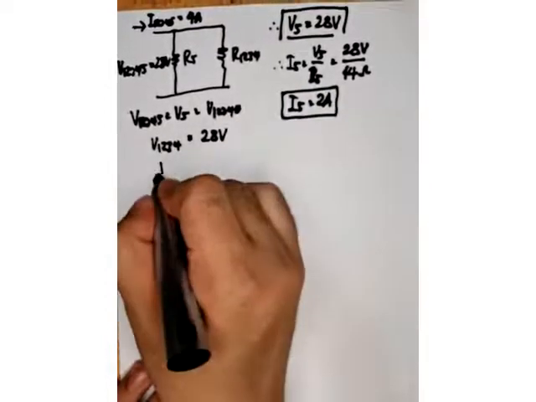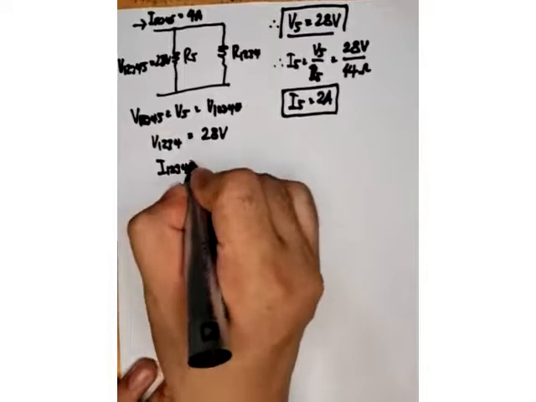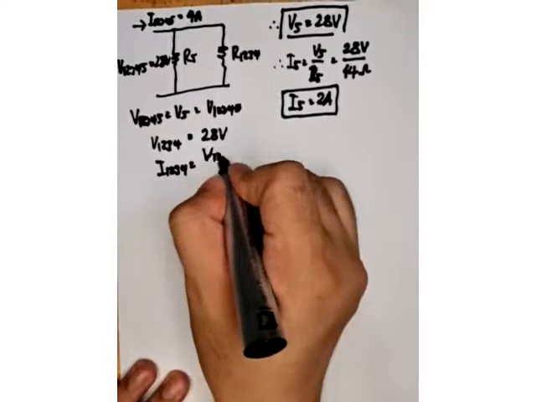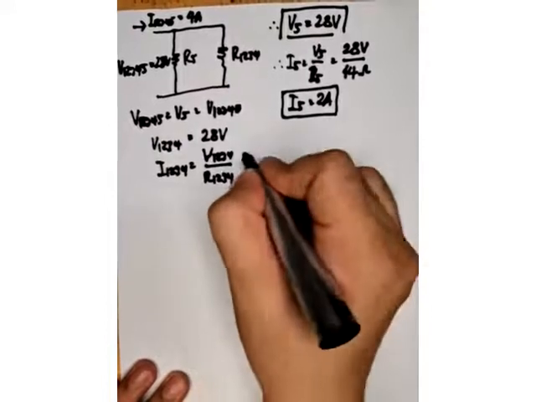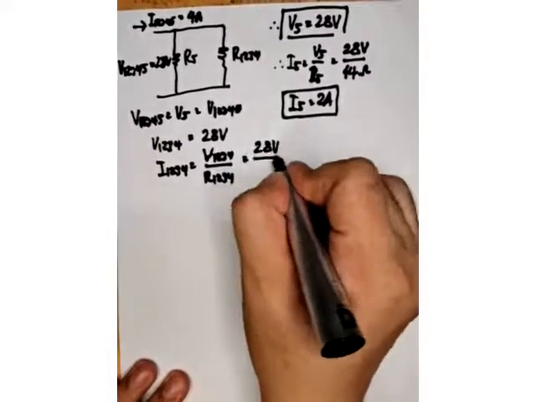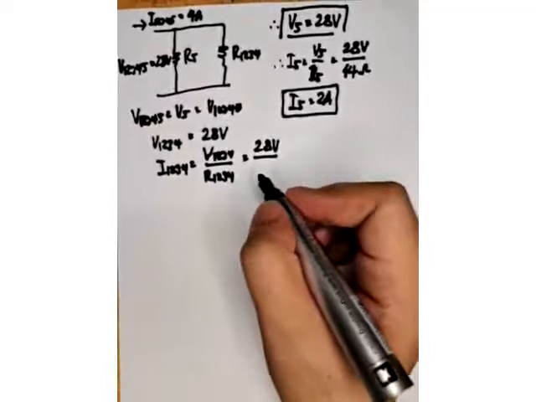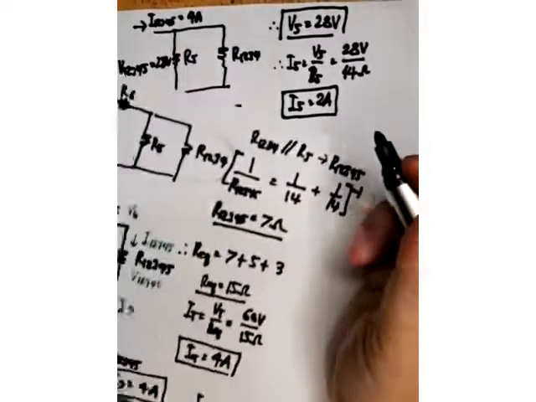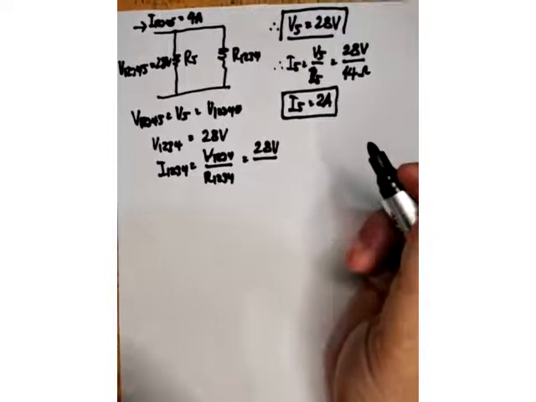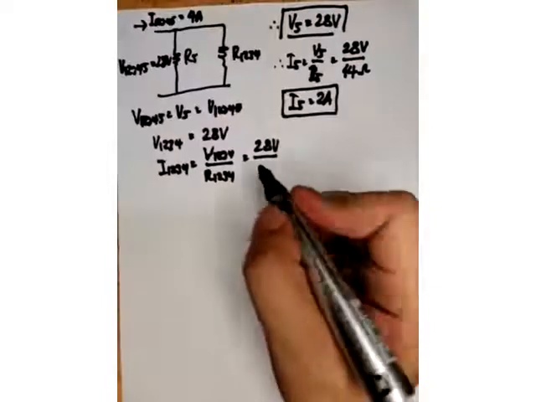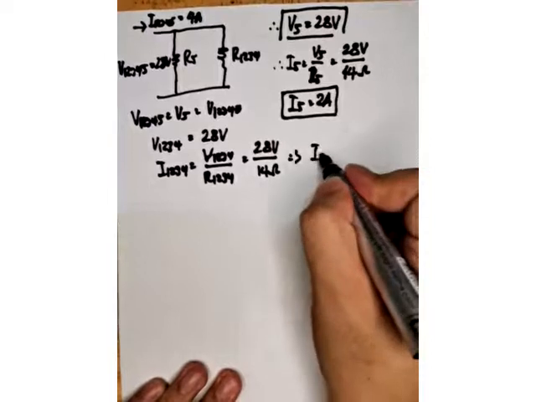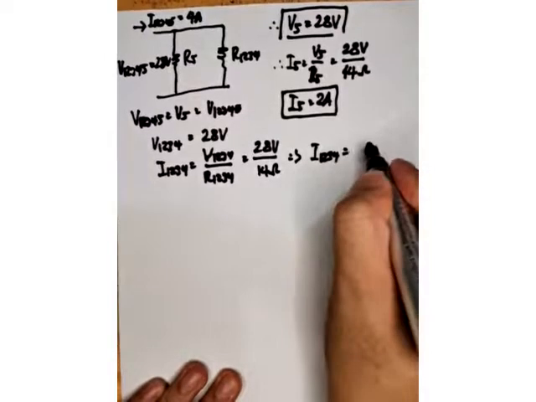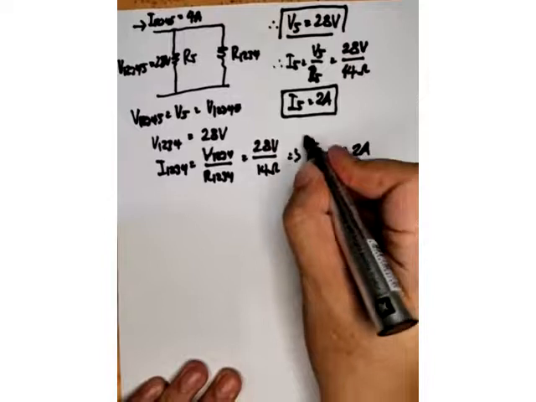So, makakuha ka ng I1,2,3,4 na V1,2,3,4 over R1,2,3,4, which is 28 volts over R1,2,3,4 natin ay, ayan, it's also 14 ohms. So, the answer is ang I1,2,3,4 natin ay 2 ampere.